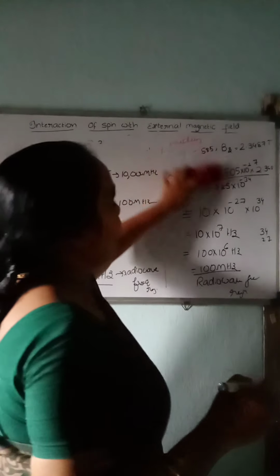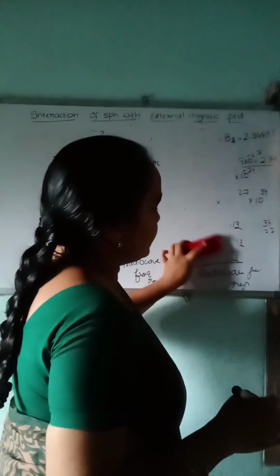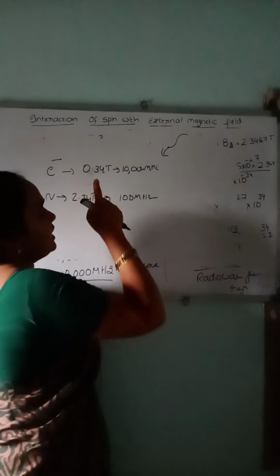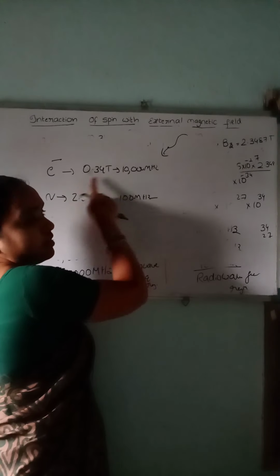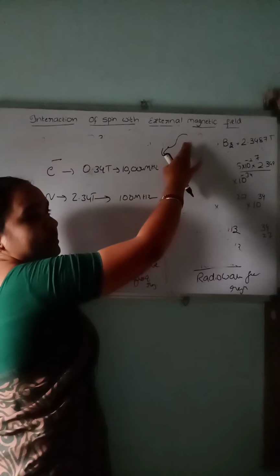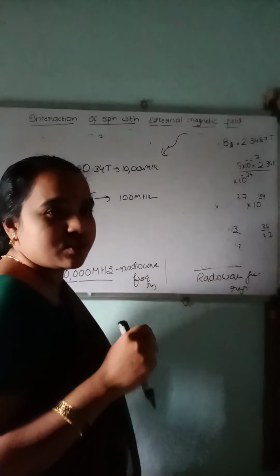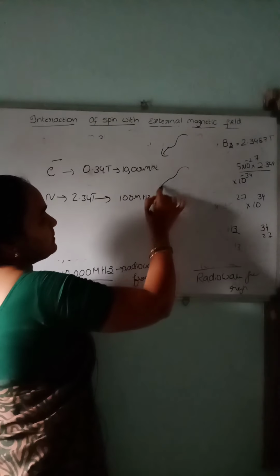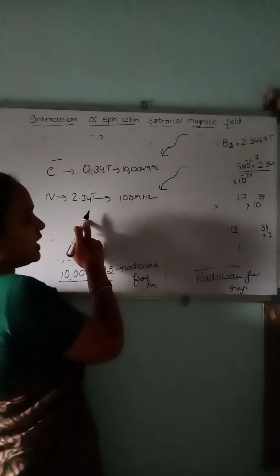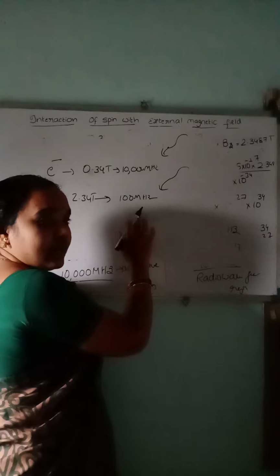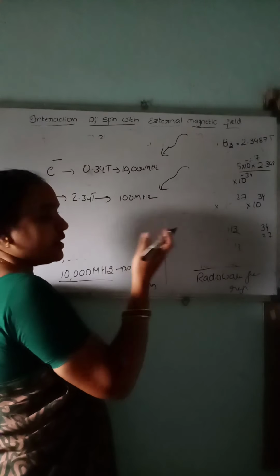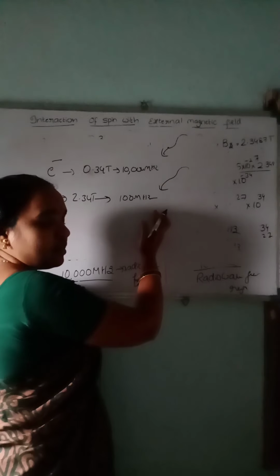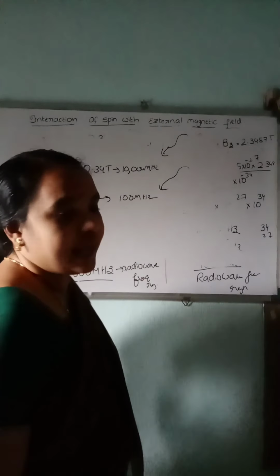Whenever radio frequency is made incident on this atom at 0.34 Tesla, the electrons are spinning, these radio waves are absorbed, and this gives rise to electron spin resonance. When the atom is placed in 2.34 Tesla, the nucleons vibrate with a frequency of 100 megahertz, then this radio wave frequency will be absorbed. This resonance is called NMR.